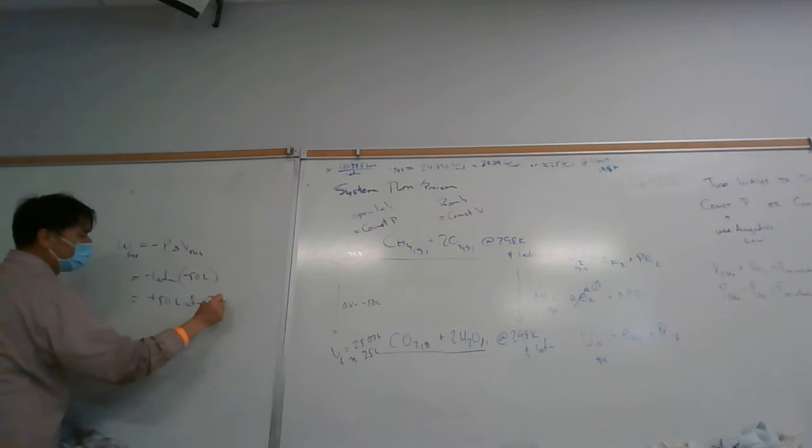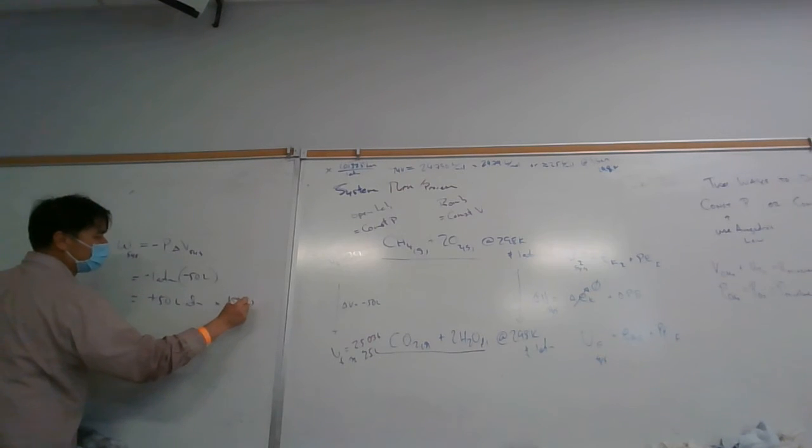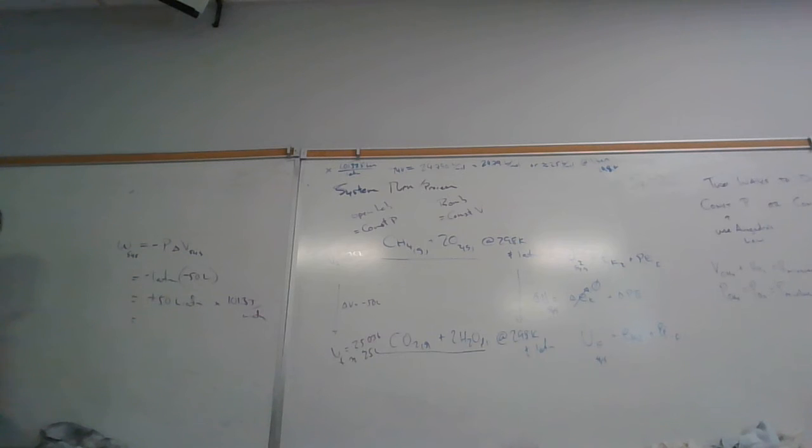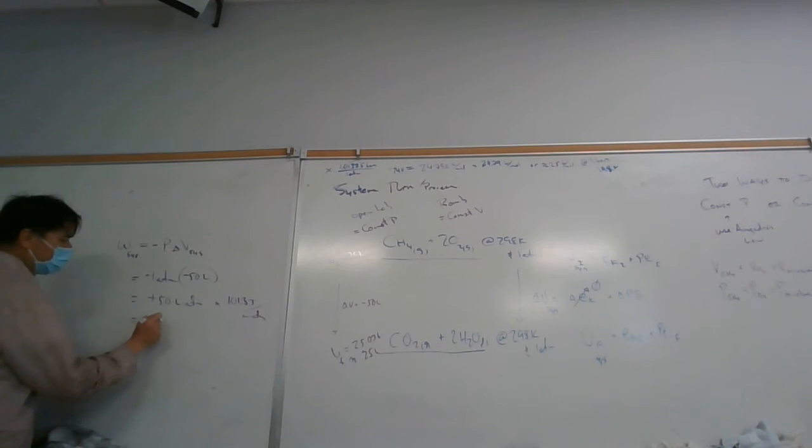And then I multiply this by 101.3 joules per liter atmosphere. And I can figure out how many joules of work this is going to take for the surroundings. And so 5,065 joules. And this is going to be about 5 kilojoules, let's say.